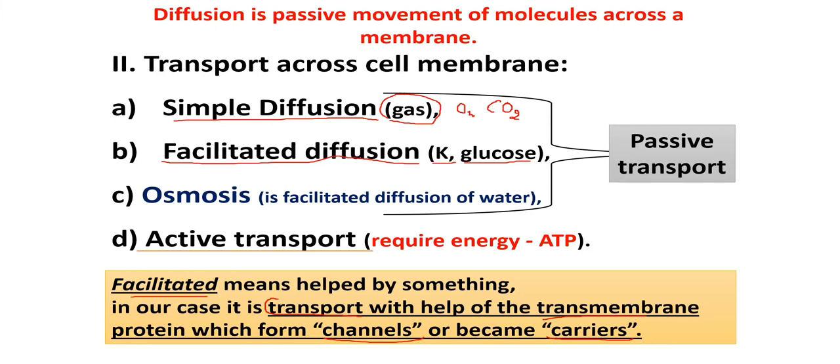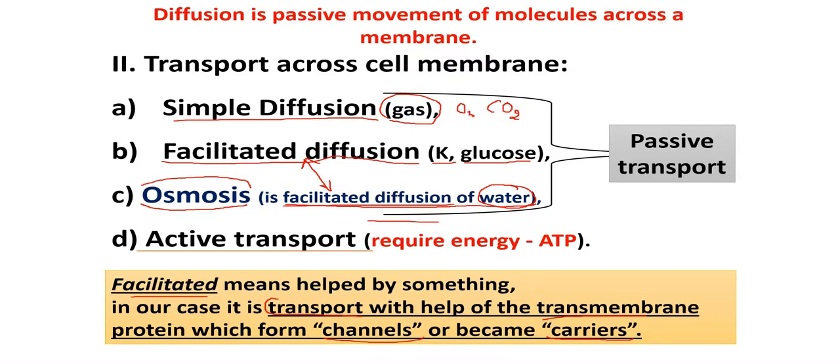Then we will talk about osmosis. It is also a type of diffusion, called facilitated diffusion of water. When we talk about osmosis, it is always about the movement of water. Again, it is facilitated diffusion, so we will have a specialized transmembrane protein which helps move water in and out of the cell.